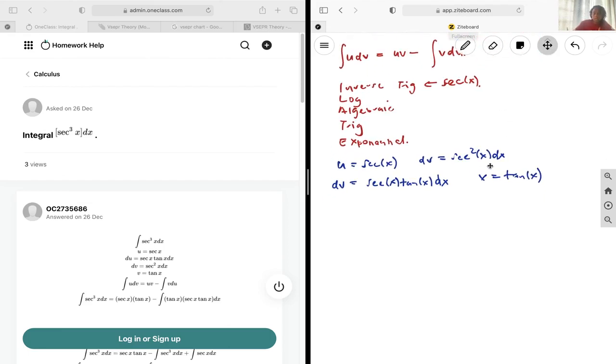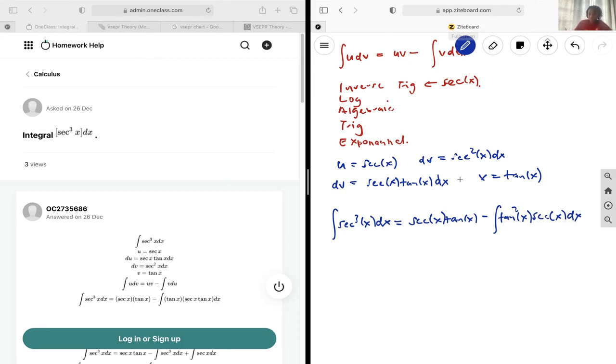So we're going to plug that all back into our formula, and we get the integral of secant cubed x dx is equal to uv, so secant x tan x minus the integral of v du. And so tan x multiplied by secant x tan x, so that's going to be tan squared x secant x dx.